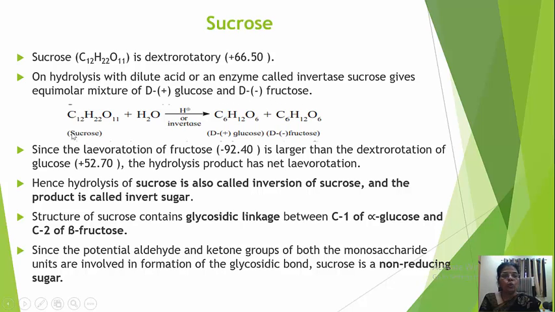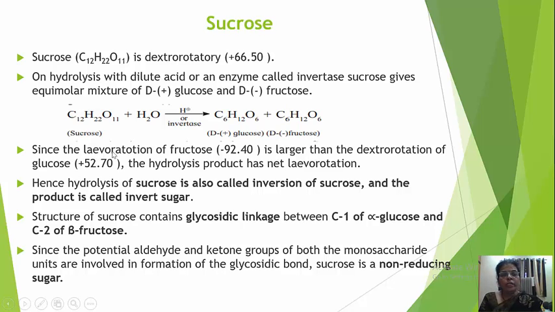That is, when sucrose, C12H22O11, undergoes hydrolysis in the presence of dilute acid or invertase, an enzyme, it forms C6H12O6, that is D positive glucose, and C6H12O6, that is D negative fructose.